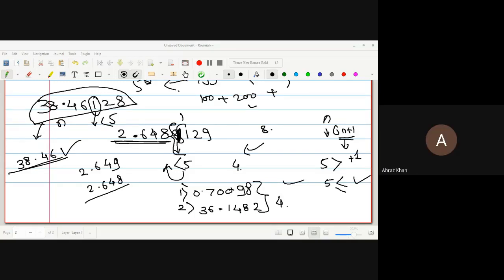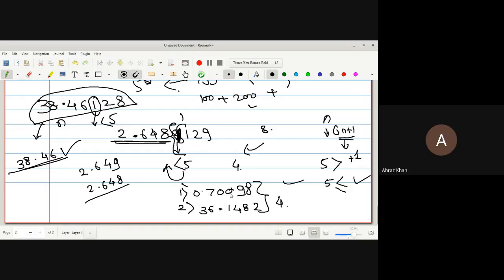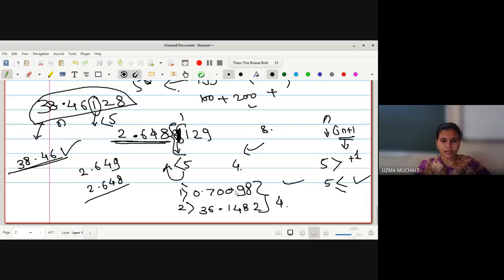Ma'am, first is 0.7010. Can you tell me why you have taken 1 here? First, you have to see how many significant digits we have. The 0 here we do not count. So how many significant digits will it have? 70098, total 1, 2, 3, 4, 5: 5 significant digits. And the question is to reduce up to 4 significant digits.